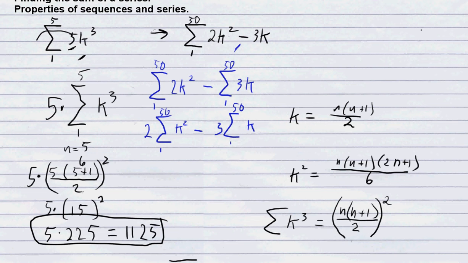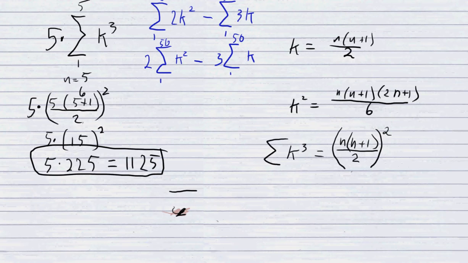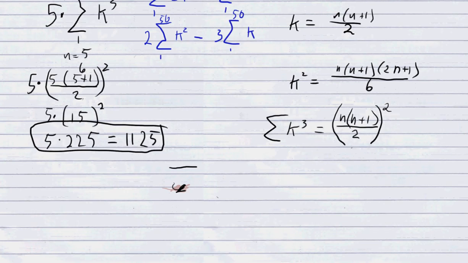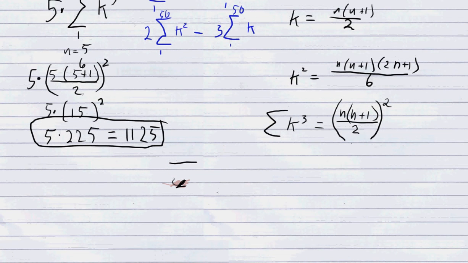Okay, now we'll just scroll down a little bit here. I may have to move the work down a bit, give us more room down here. I'll scroll down just to there. Okay, let's go ahead and get this out of the way, erase that. Okay, so now for the k squared up here, we're going to use the k squared formula.